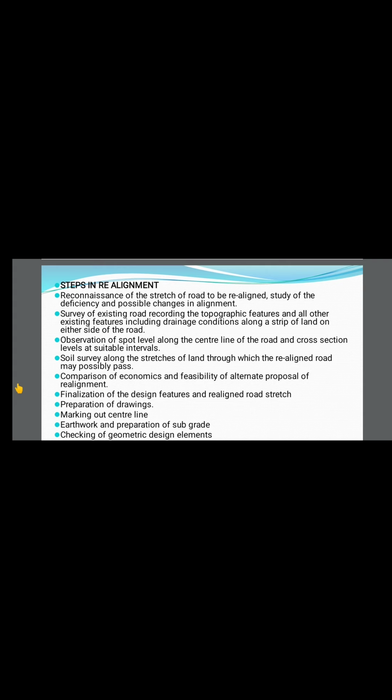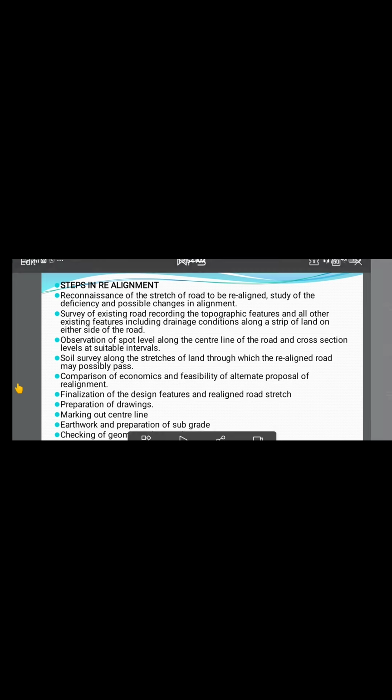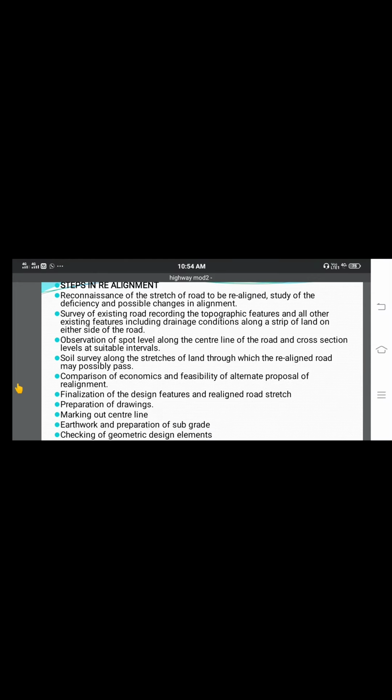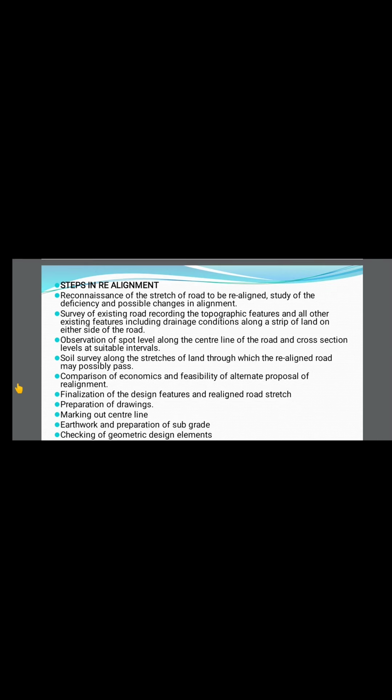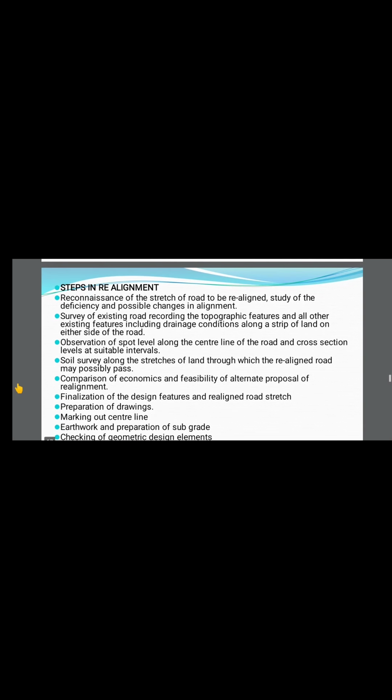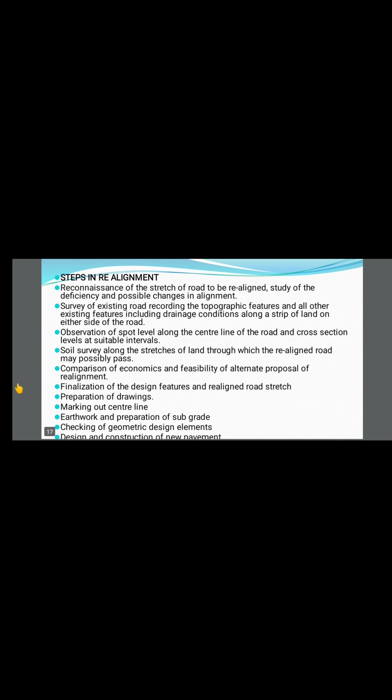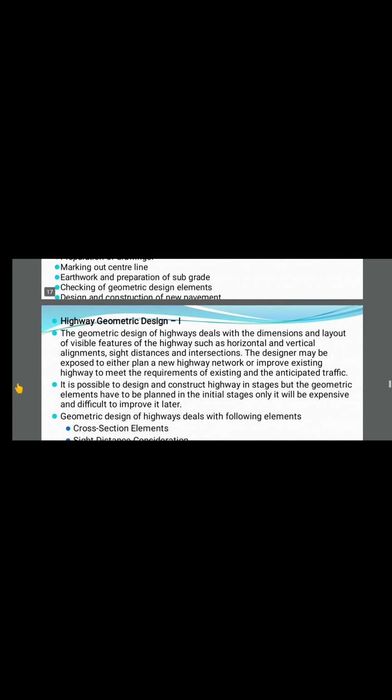Then as per the drawing and designs, you will have the profile of the road and cross section of the road. Then the cutting and filling work has to be carried out, that is called earthwork, and preparation of subgrade. Thereafter, preparation of subbase and the pavement surface. These are the steps which have to be carried out in the realignment of the road.